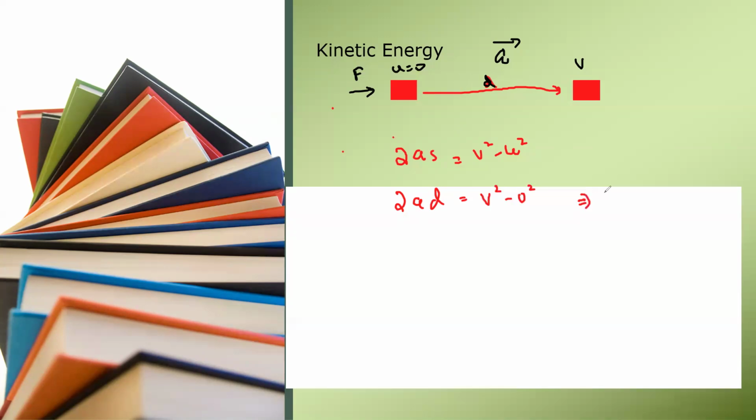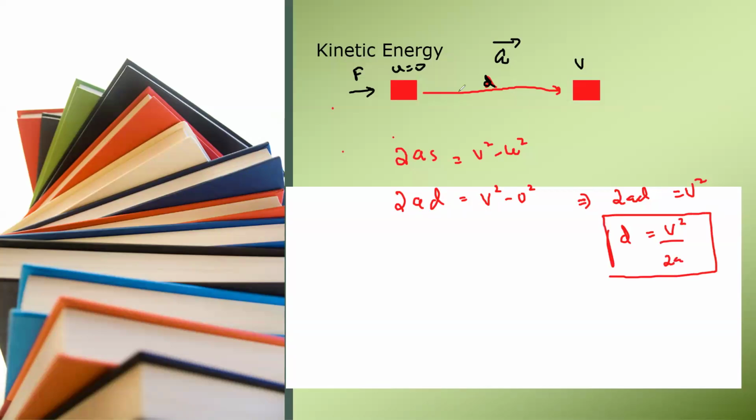So when I simplify this, it will be 2ad equals v square, or d equals v square over 2a. So the distance moved by this object is v square over 2a.